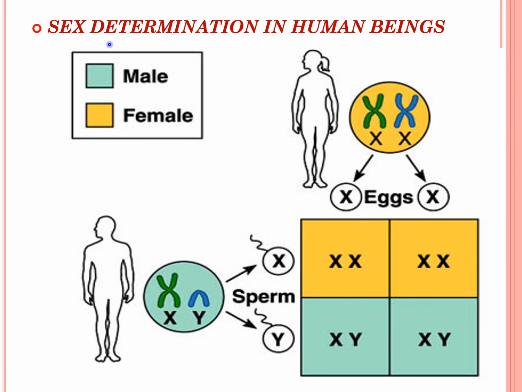Now students, let us see sex determination in human beings. Students, you all know that there are 46 number of chromosomes in human beings, out of which 44 are called autosomes, which determine the body features of human beings other than the sex of the human beings, and the last pair is called sex chromosomes, that is XX in females and XY in males.